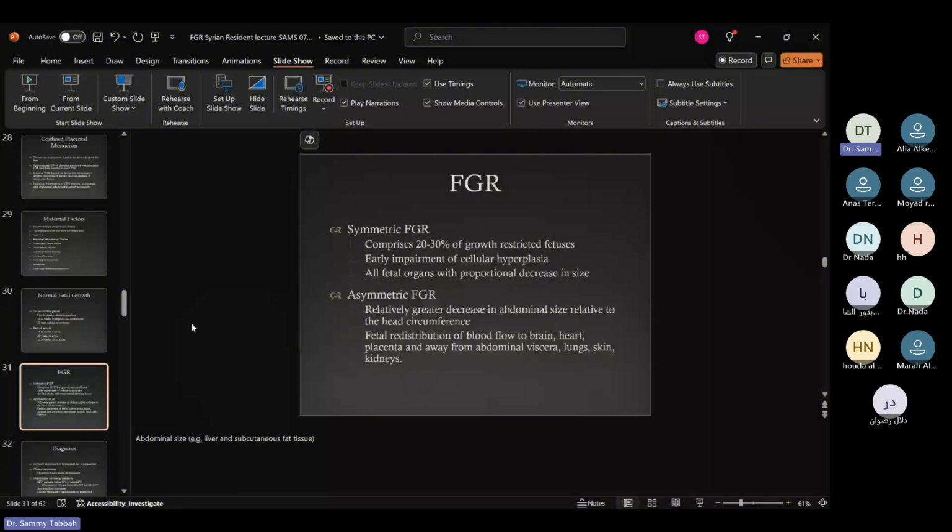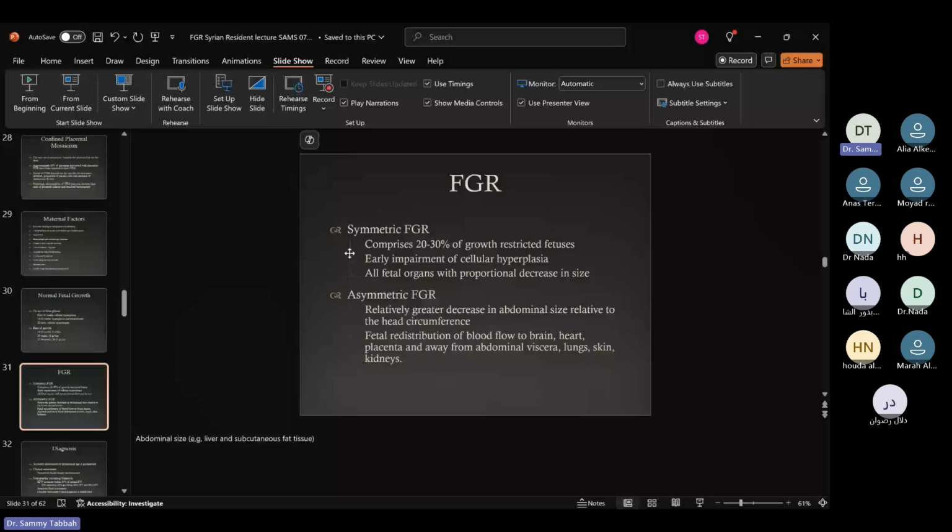You have symmetric growth restriction, which often presents early in the pregnancy, especially below 24 weeks gestation. This makes up to 30% of growth restricted babies, and it is primarily a problem with early impairment of cellular hyperplasia. Because of that, all fetal organs are affected with a proportional decrease in size.